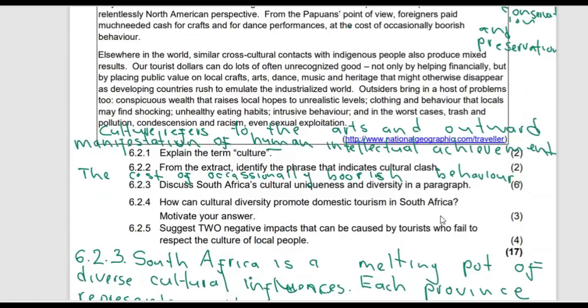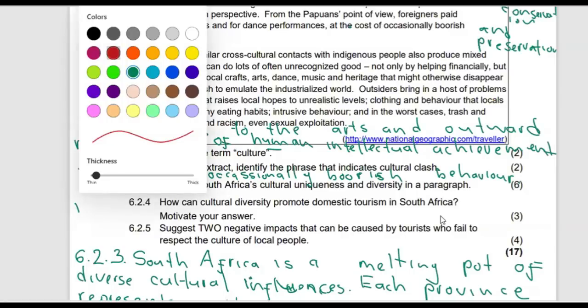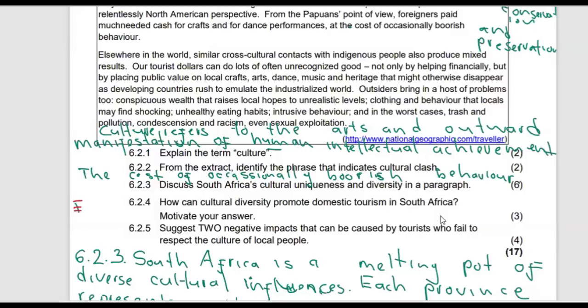So cultural diversity promotes domestic tourism in the sense that each province has something unique to offer.